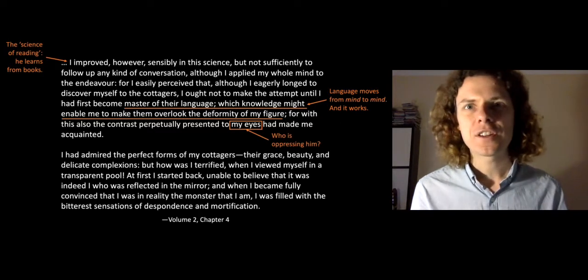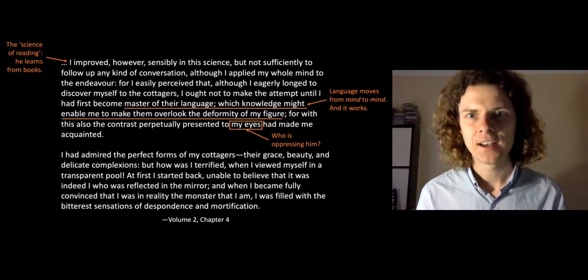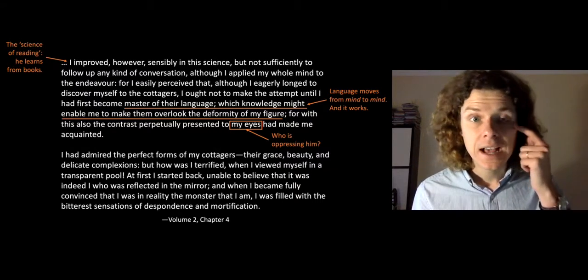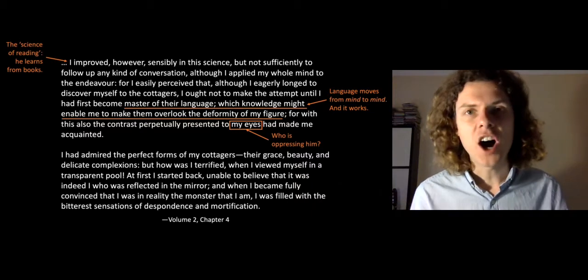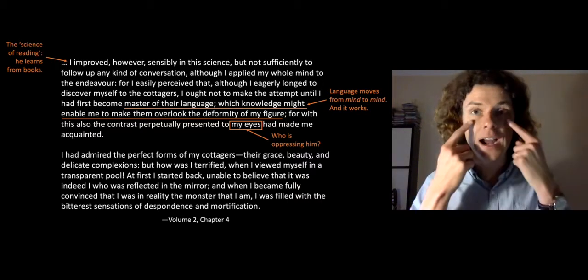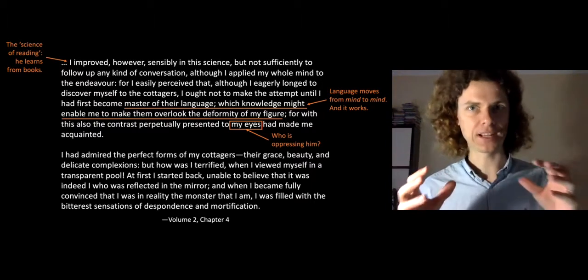A final thing I want you to take out of this first paragraph is this key phrase, my eyes. So the creature's talking about the deformity of his figure, and he says that his eyes had made him acquainted with the deformity of his own figure. His eyes had taught him he was ugly because of the contrast perpetually presented to him.